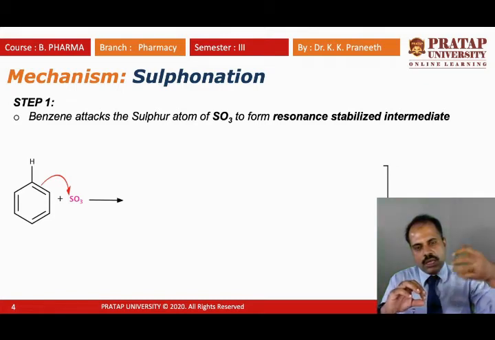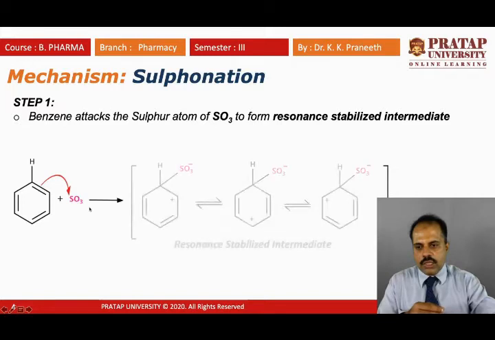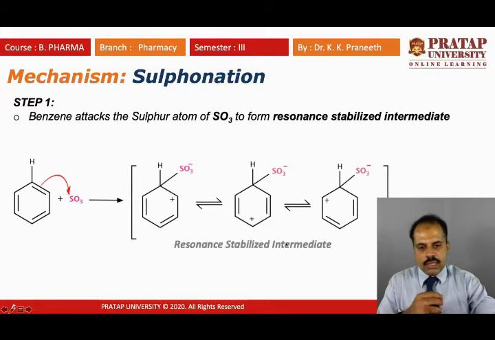An electronegative atom takes some electrons from the sulfur, making the sulfur a little bit positive. So the benzene attacks the sulfur, not the oxygen, because oxygen already has some electrons, so the sulfur is more electropositive. What you get is this resonance stabilized intermediate.